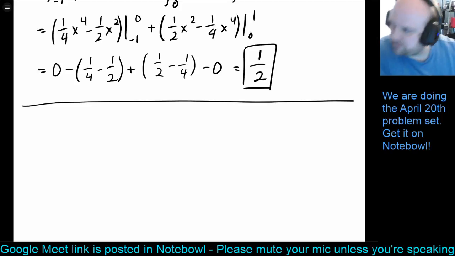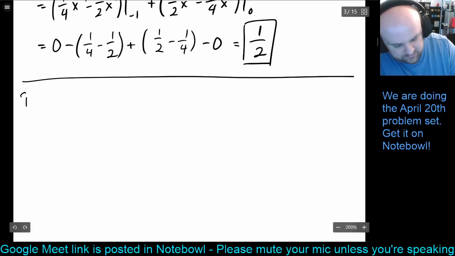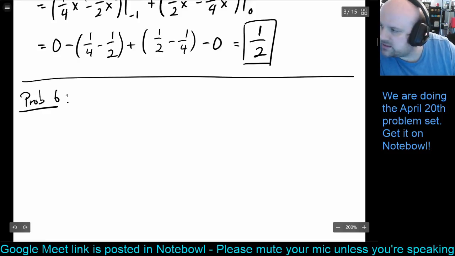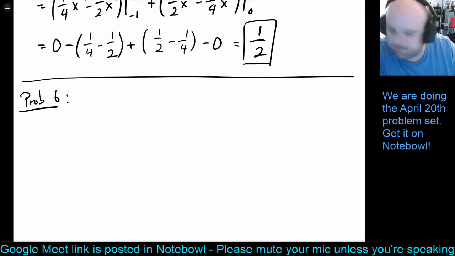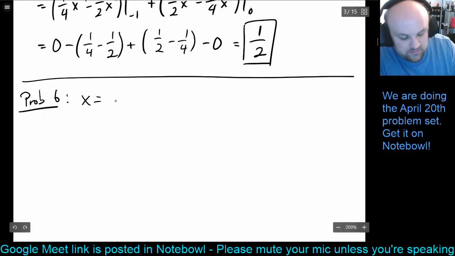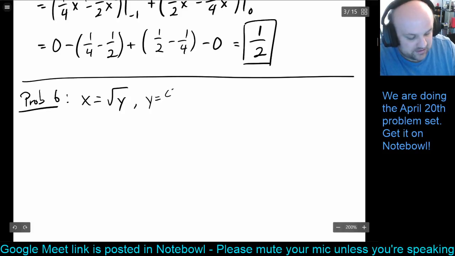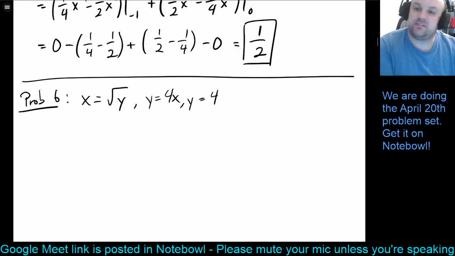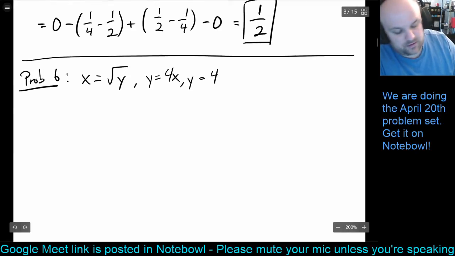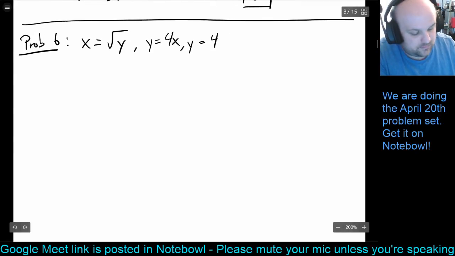So this one, problem 6, we want to find the area of the region bounded by x equals square root of y, y equals 4x, and y equals 4. Right? So what does this region look like? Well, let's do our usual color system here.